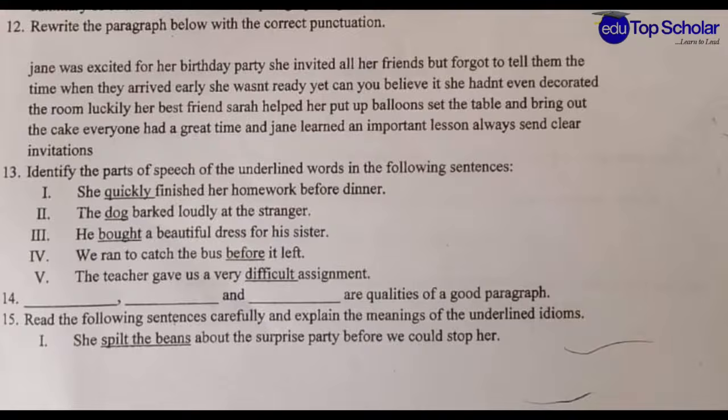When you want to begin another sentence, it is capital letter. She invited all her friends but forgot to tell them the time. Full stop again. When they arrive, so follow the paragraph and make sure you are able to punctuate it appropriately. So that is it. Let's go to question number 13 in order not to waste time with punctuation.